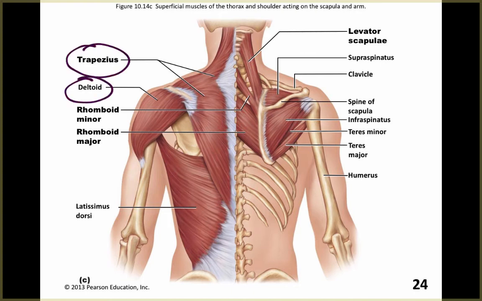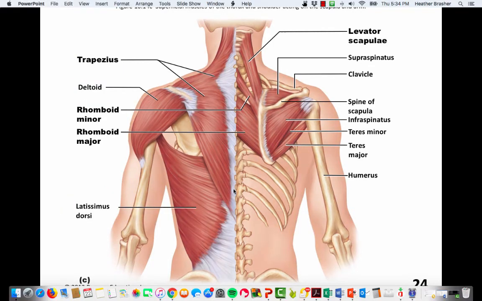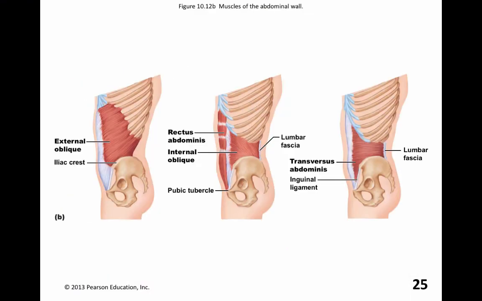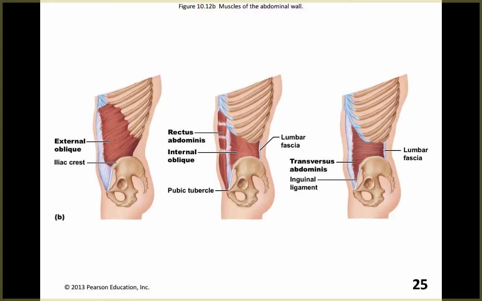Of course, you can see the deltoid really nicely there, and the latissimus dorsi again. You have the external obliques. Right under that, if you remove that, you'll notice the internal obliques. In front is the rectus abdominis.